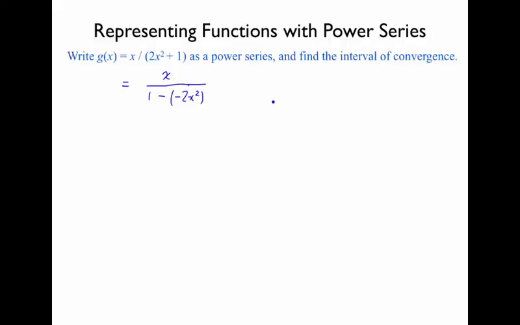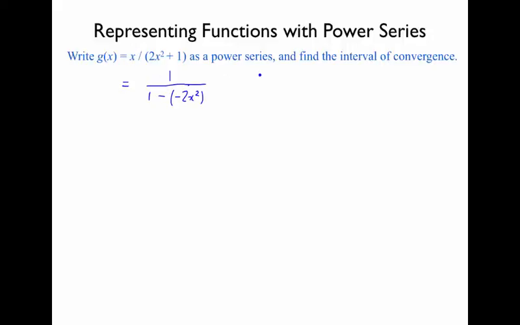Okay, so I wanna do something else here. You don't have to do that here, but just for future examples. We could also just find the power series for 1 over 1 minus 2x squared. And then in the end, what would we do? Multiply it by x. Yeah, we could just take the series that we find and multiply it by x.